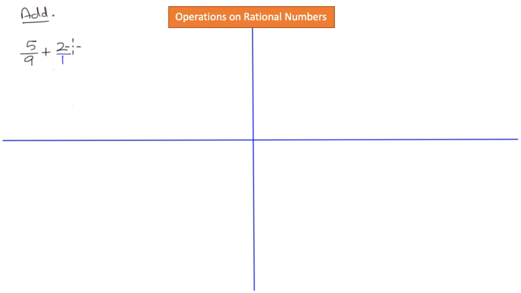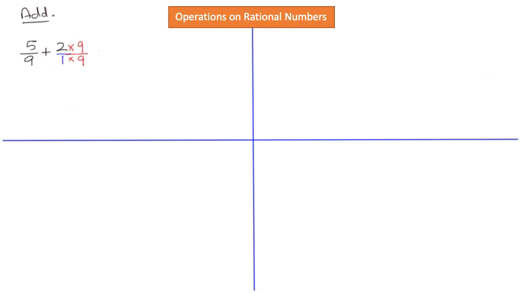So the next obvious step for me is to convert this number 2 into a number which has the same base as 5 over 9. Meaning if I multiply 1 in the denominator with 9, I get 9. So I have to multiply the numerator of this number 2 over 1 by 9 to keep it balanced, right?